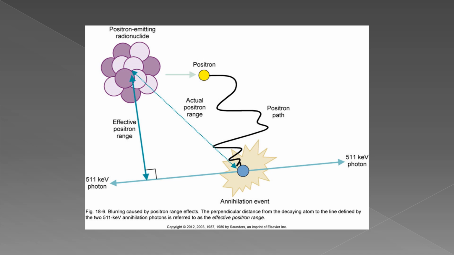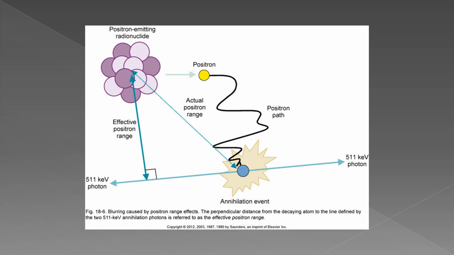And this is an example here of the annihilation event and the blurring that will be caused by the effective positron range. So in this image here in the top left, you have the nucleus of a positron emitting radionuclide. And then as that positron travels, we would expect it to go kind of in a straight line and annihilate right here at this location.